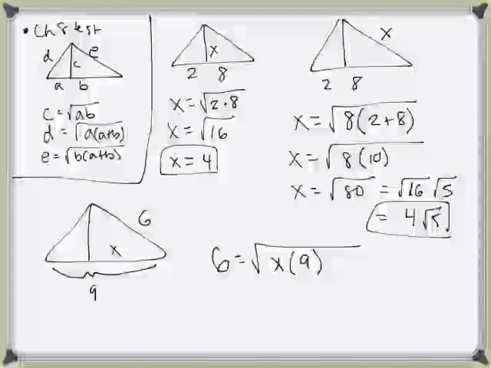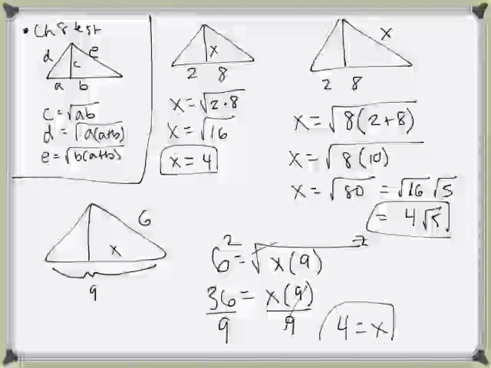So that x is trapped underneath the square root. So to be able to solve for it, we need to help it escape from there. How do we get rid of that square root? Square both sides. So squaring undoes square roots. Those are opposite operations. So that gives 36 is x times 9. Divide both sides by 9.